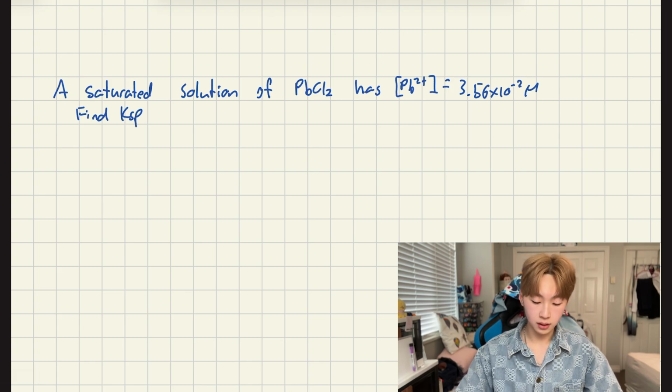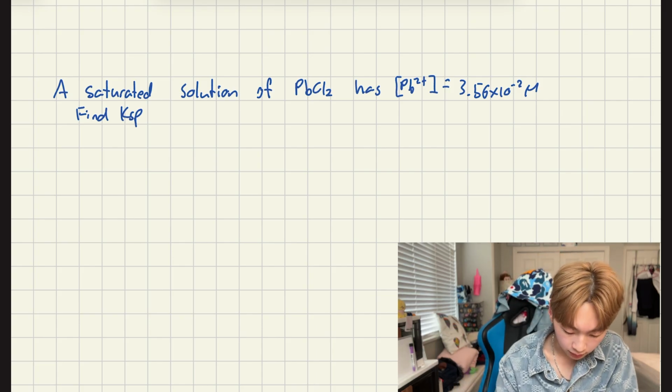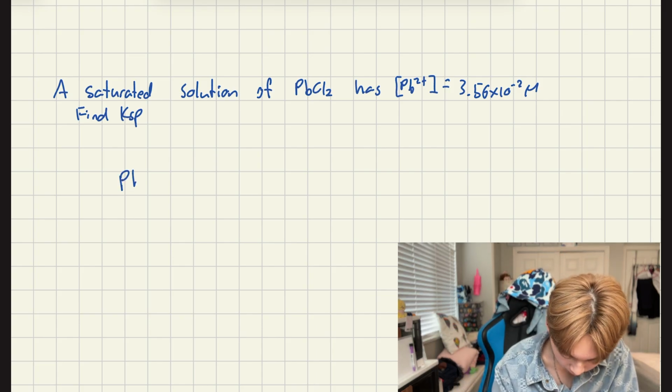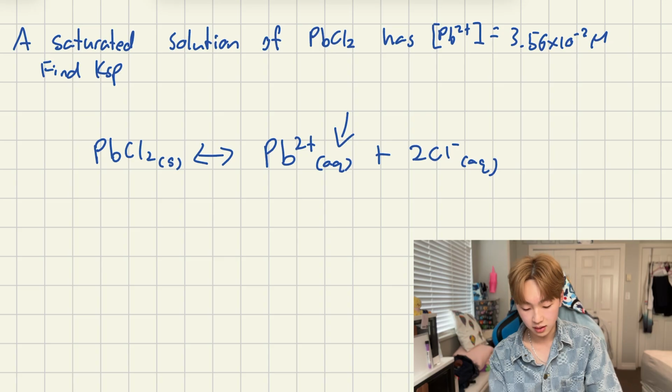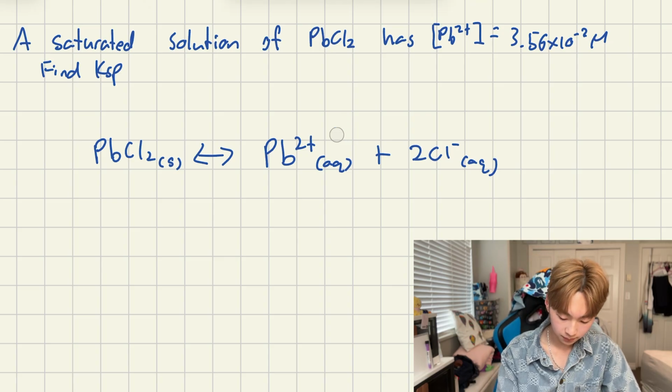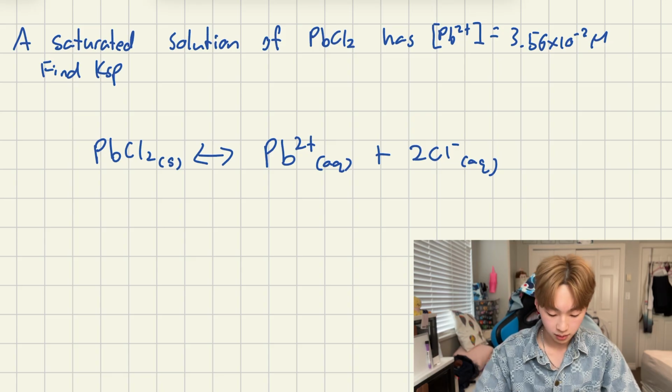Next, we're given the concentration of one of the ions, and we're asked to find Ksp. So we can start by writing our equation. I forgot to mention in the previous example, always include your states. So these two are aqueous. But anyways, now we have to make an assumption.